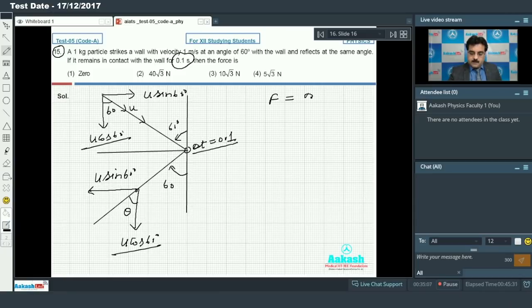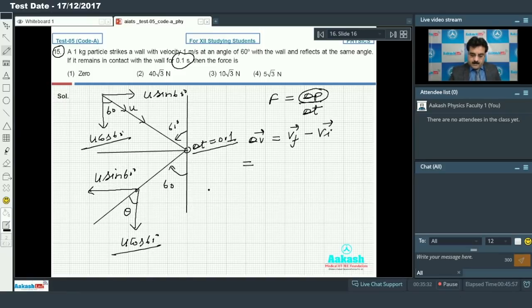So you know that the change in linear momentum with respect to time will give you the force. So first I need to calculate the change in linear momentum. For the calculation of change in linear momentum, we need the change in velocity. And if I go for change in velocity, we'll write final velocity vector minus initial velocity vector.